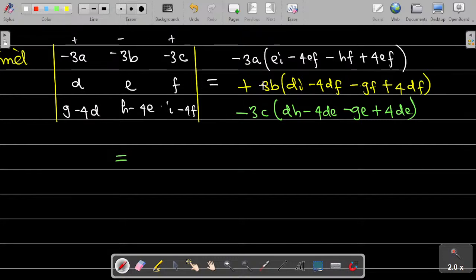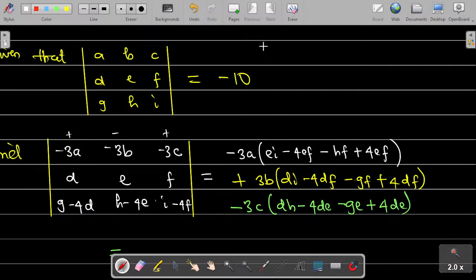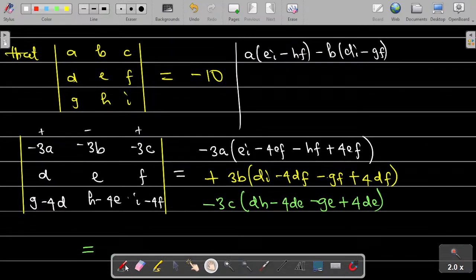All right, so what's going to happen here, if we open up this, meanwhile let's come back here a little bit. This one now, the determinant here is actually a into ei minus hf, then minus b into di minus gf, then plus c into dh minus eg or ge.